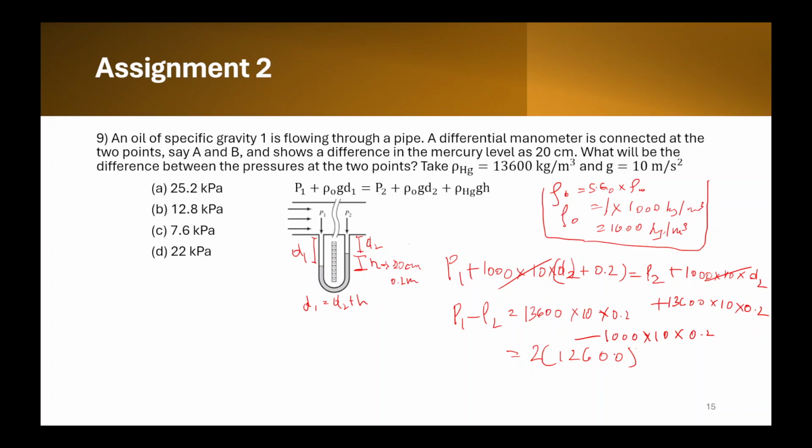So 13,600 minus 1000 is 12,600. So this will come out to be 25,200 Pascal. So this is the pressure difference, or 25.2 kilopascal. So the correct answer is option A.